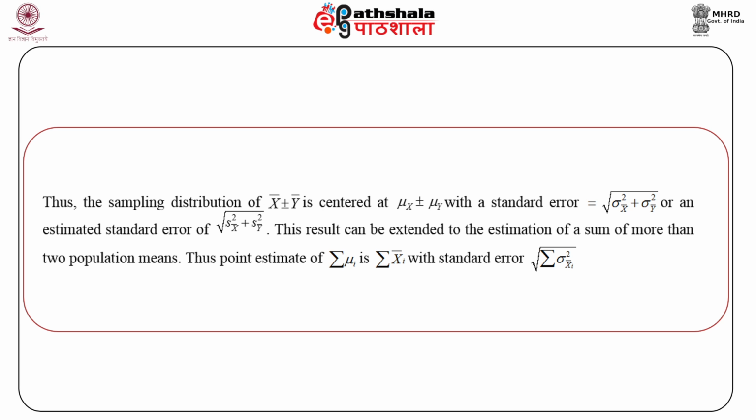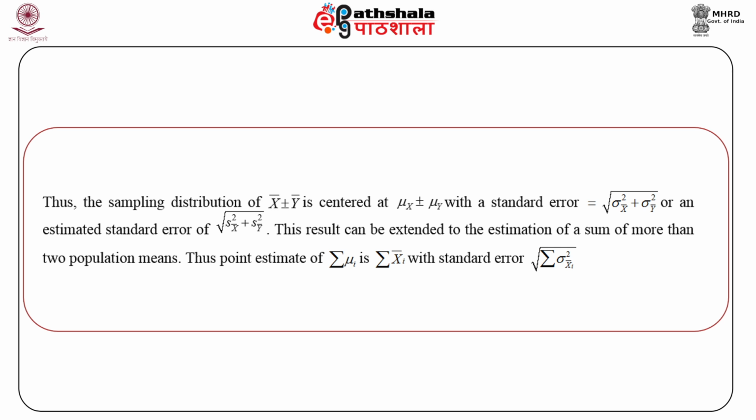Thus, the sampling distribution of x bar plus minus y bar is centered at mu x plus minus mu y with a standard error which is equal to the square root of sigma square x bar plus sigma square y bar, or an estimated standard error of the square root of s x bar square plus s y bar square.